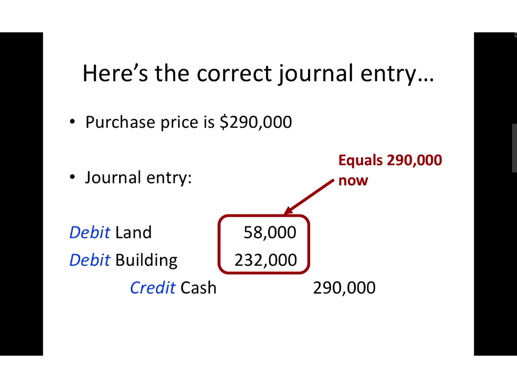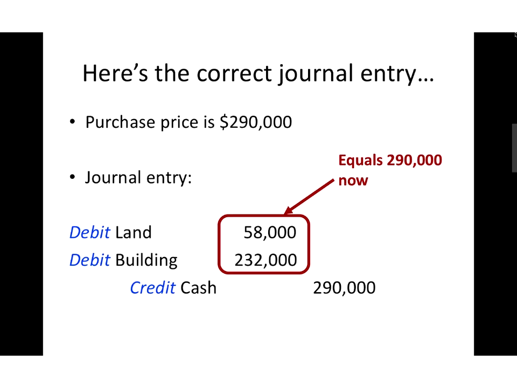And that's what we're doing when we do the relative sales value. We have these appraised values that don't total what we paid. We need to allocate what we paid to each piece separately because we do not depreciate land. That's the first thing. The homework problem you do on this is the same idea, except there's equipment thrown in there too. So when Black Squirrel Rentals bought this house, we assumed they had the house and the land.